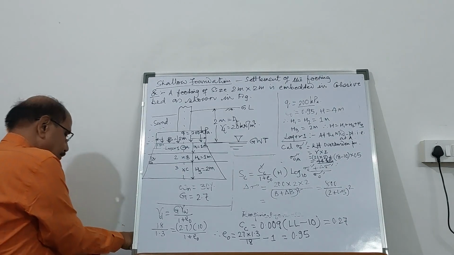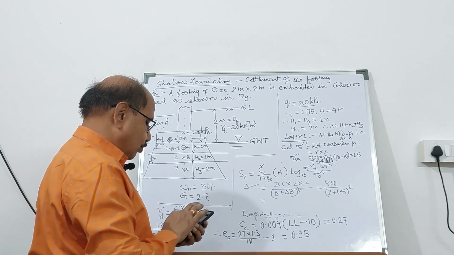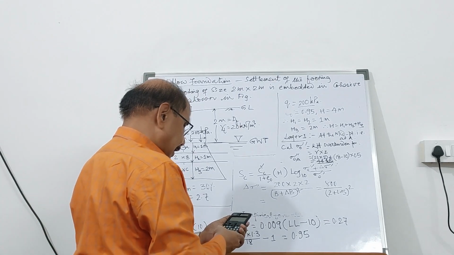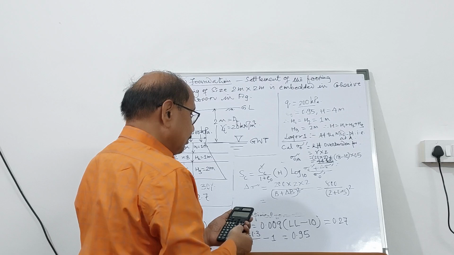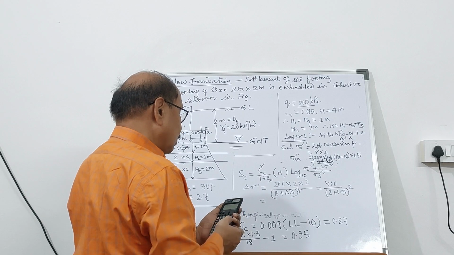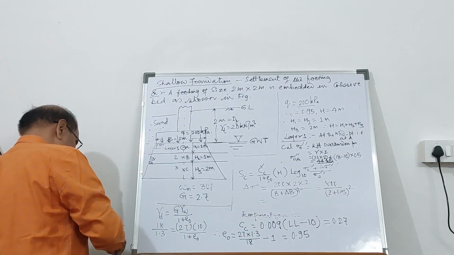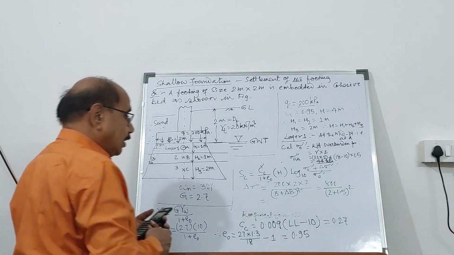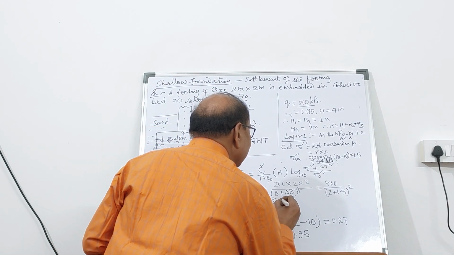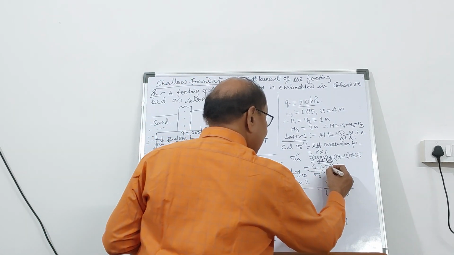So if you calculate it, the value of delta sigma prime is going to be 800 divided by 2.5 square, equal to 128. So the value is 128 kilopascal. So I have got this also.